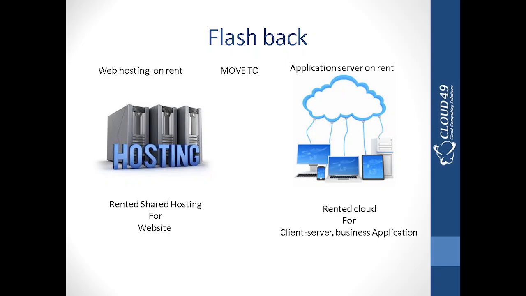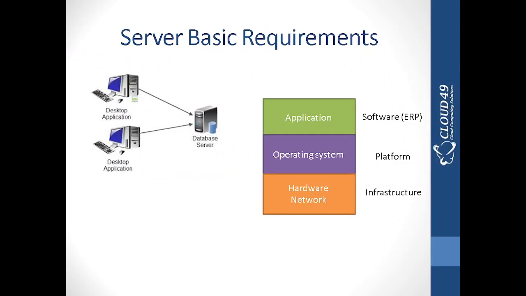These types of servers are called web hosting. Now it has moved to the application server on rent. This is the rented shared hosting for website, but now people are having a complete server on rent. So application server on rent, rented cloud for client server model, business and application. The concept is the same.